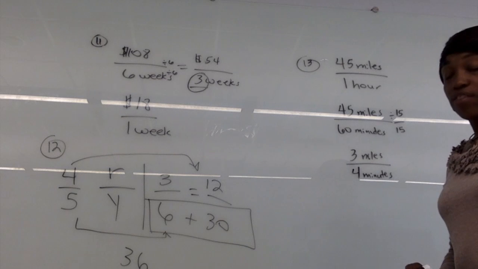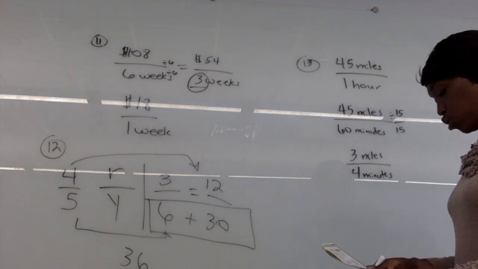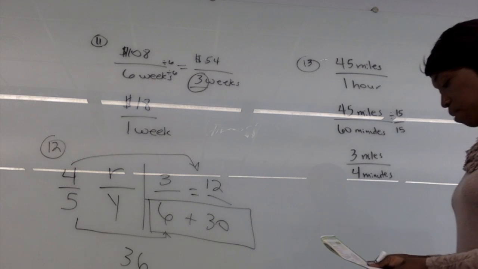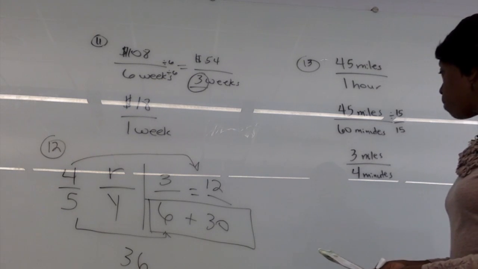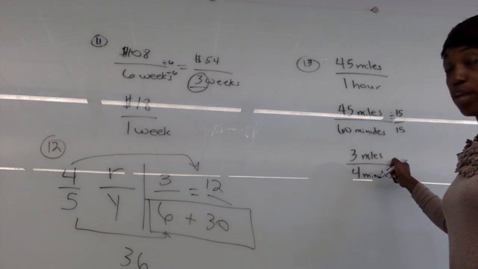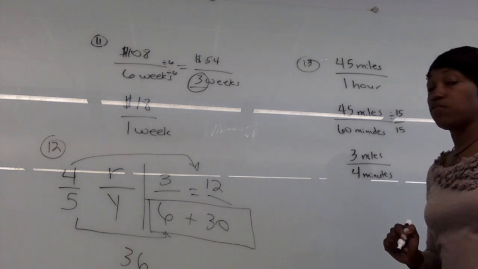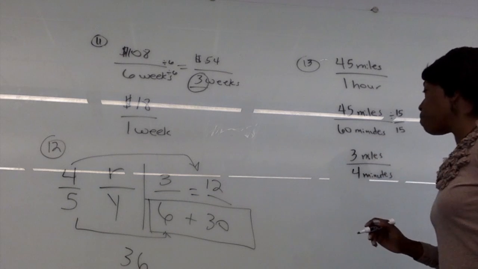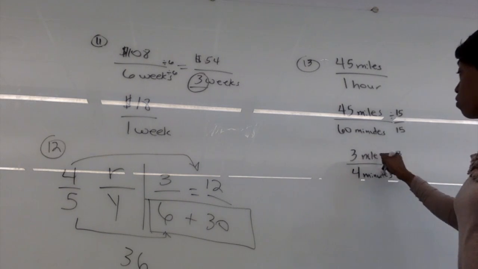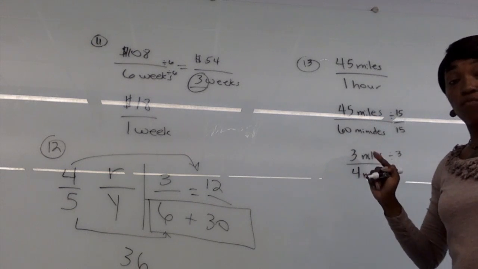Now notice what they're asking us here. Look at the question, very important. It says, how many minutes will it take you to travel 1 mile? So I'm trying to find 1 mile, not 3. Anytime you're asked to find 1, that means you can divide by that number. I know 3 divided by 3 would give me that 1 I'm looking for.